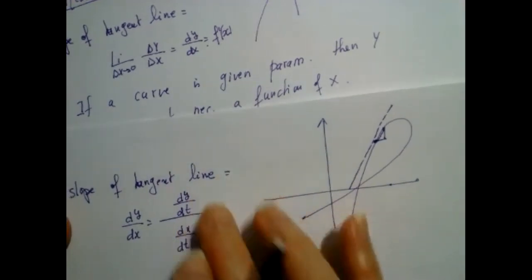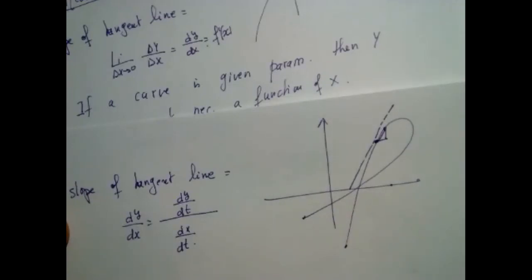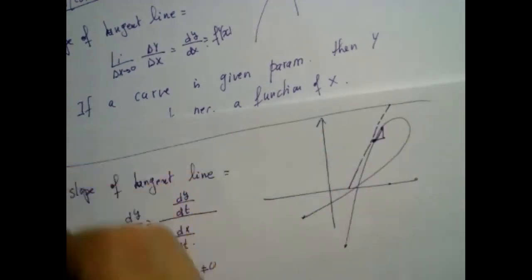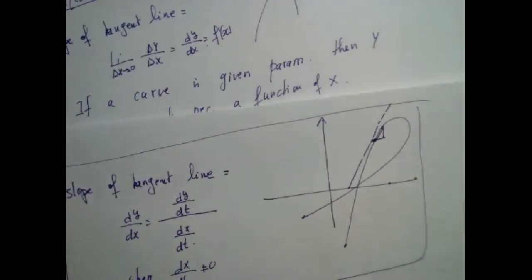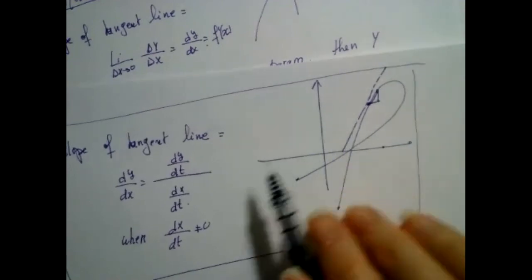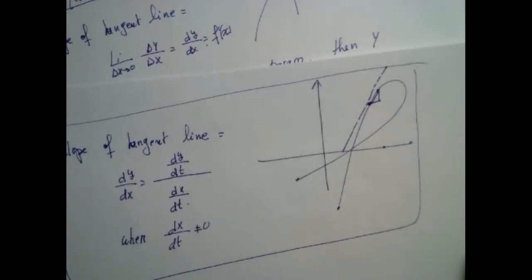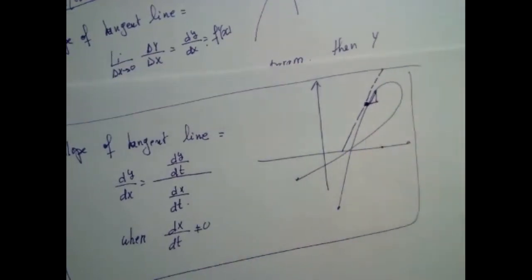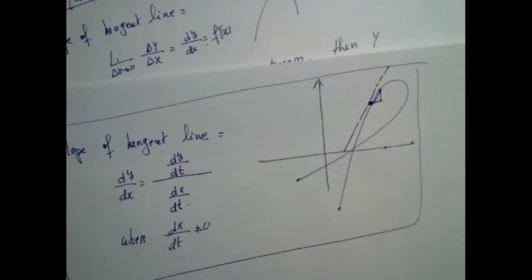So the slope has this formula wherever dx/dt is non-zero. If x and y are given as functions of a parameter t, and I want the slope of the tangent at any point, that's exactly what we're going to use.